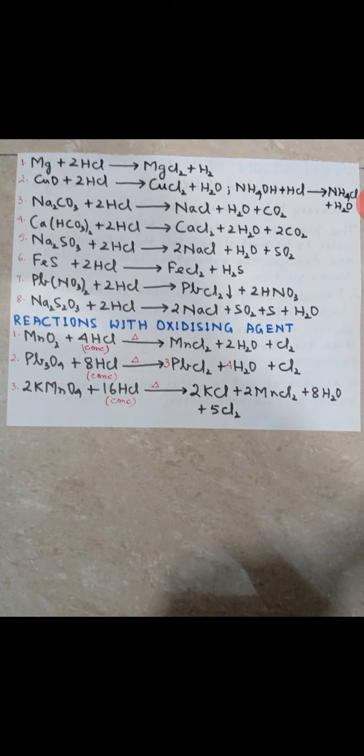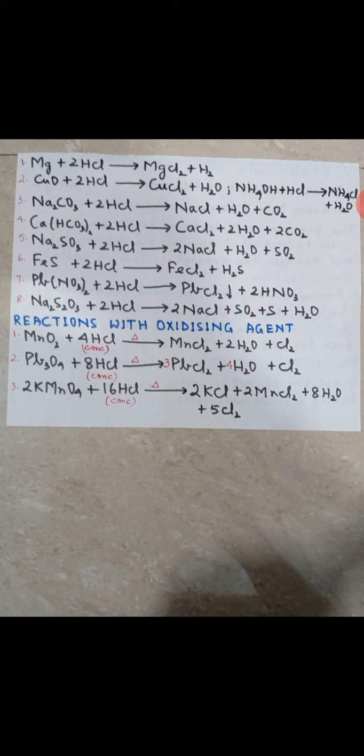It reacts with MnO2, that is an oxidizing agent, to form the respective product. See here: manganese dioxide, Pb3O4, potassium permanganate, potassium dichromate, or PbO2 lead dioxide, all are oxidizing agents which react with HCl. When heated with concentrated HCl, they give you the respective salt, water, and chlorine gas is released.